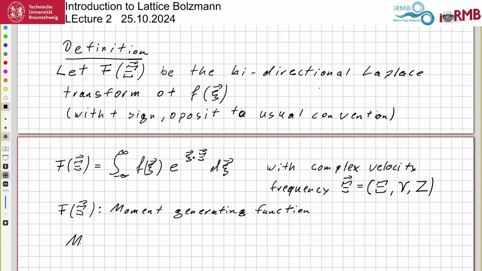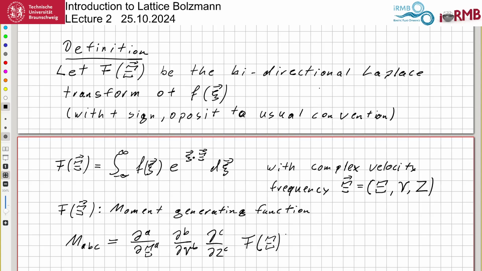We call these moments m with indices a, b, and c. And what we do is we take derivatives with respect to xi, upsilon, and zeta of order: the a-th derivative with xi, the b-th derivative with upsilon, and the c-th derivative with zeta of this function.